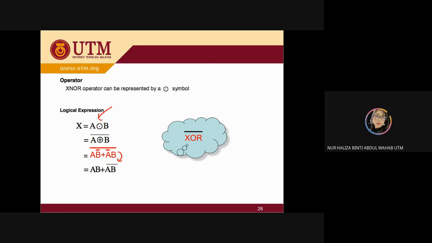Later on, you're going to learn the rules of Boolean algebra, where you simplify the Boolean expression to a very simple version. We will take a look at our Boolean expressions later in the next topic, I guess chapter 4. So for now, please memorize the Boolean expression first. Later, we will go through one by one how to get the simplified version.